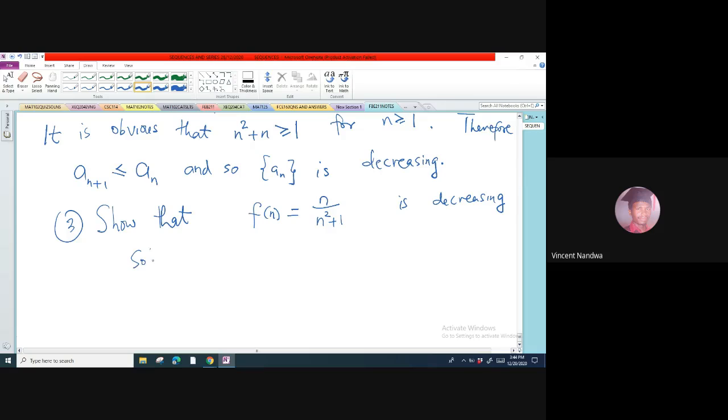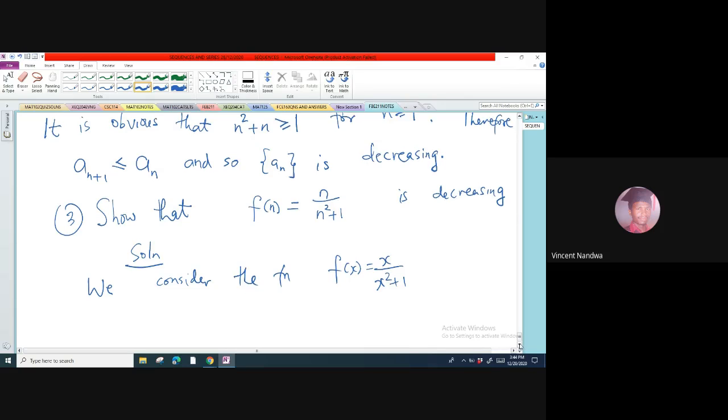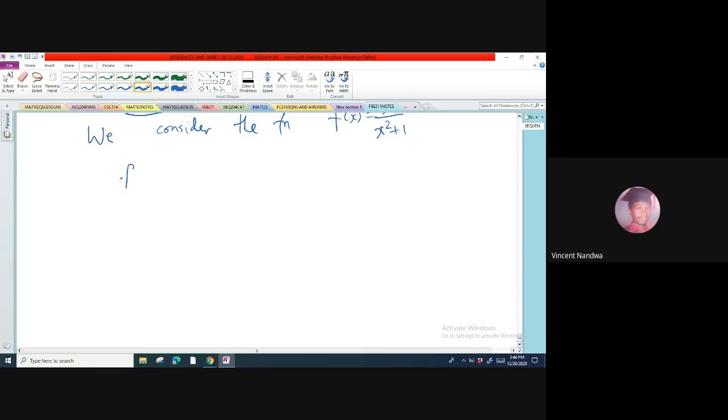So solution for this, we consider the function f of x equals x over x squared plus 1, and the derivative of this function is x squared plus 1 minus 2x squared over x squared plus 1 squared. It is 1 minus x squared over x squared plus 1 squared.